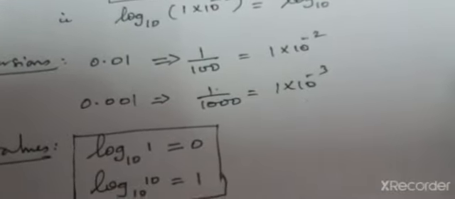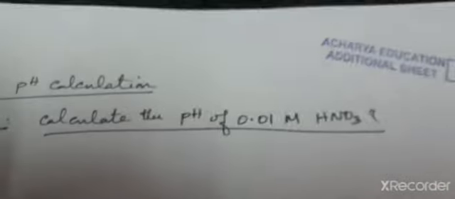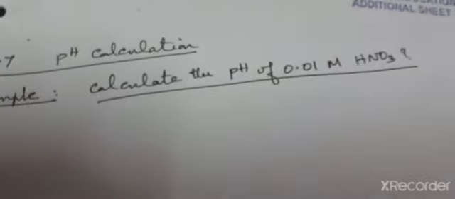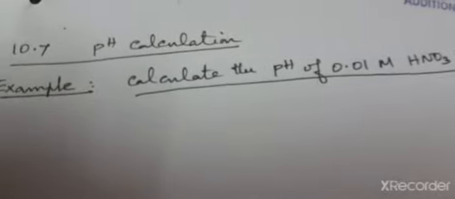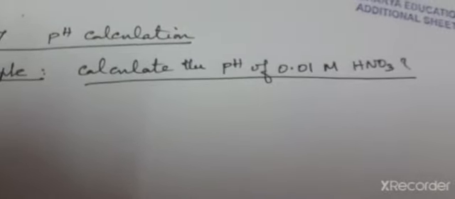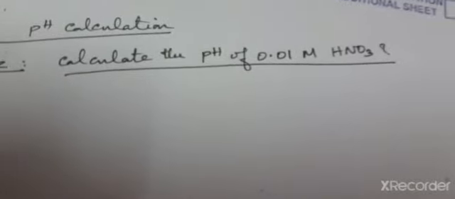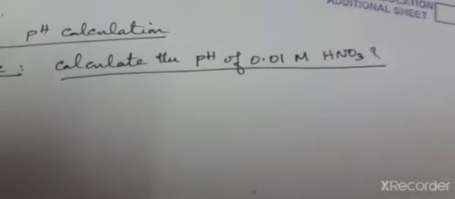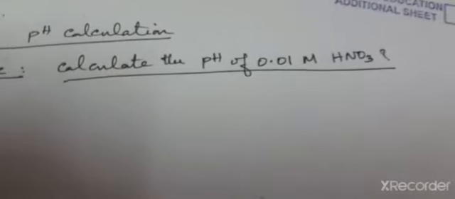Now we are going to study about some example sums. See, there is a pH calculation given in 10.7 of your textbook. Calculate the pH of 0.01 M HNO3. 0.01 M, M is the concentration unit to measure the concentration.